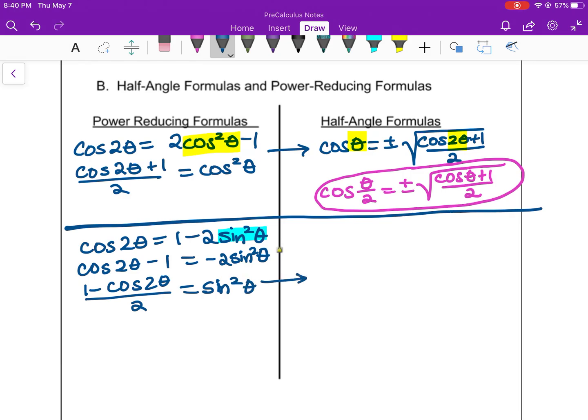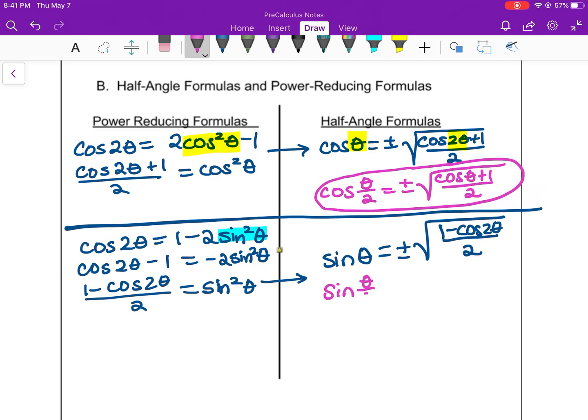Then I'm going to take it straight across and take the square root on both sides and divide my angle by 2. So we'll have sine theta over 2 equals plus or minus the square root of 1 minus cosine theta divided by 2.